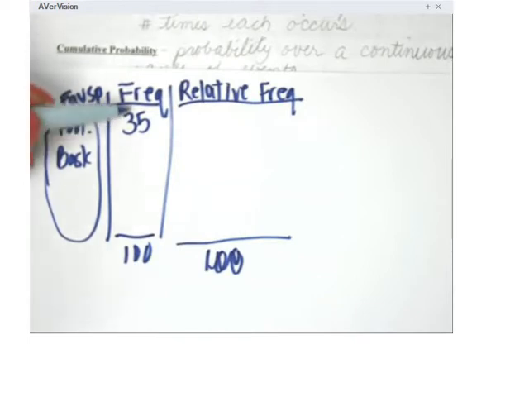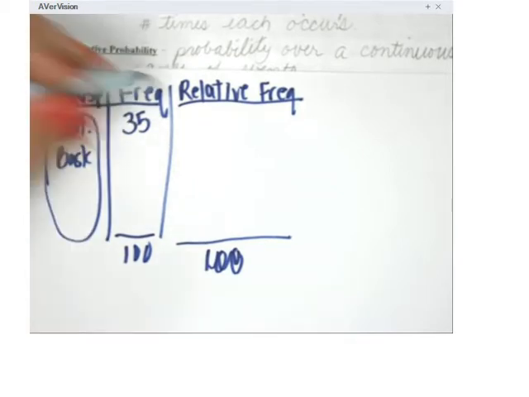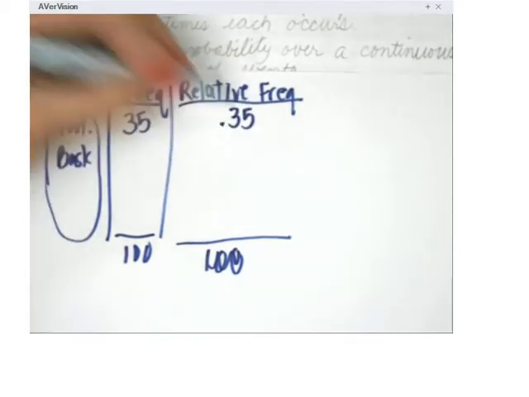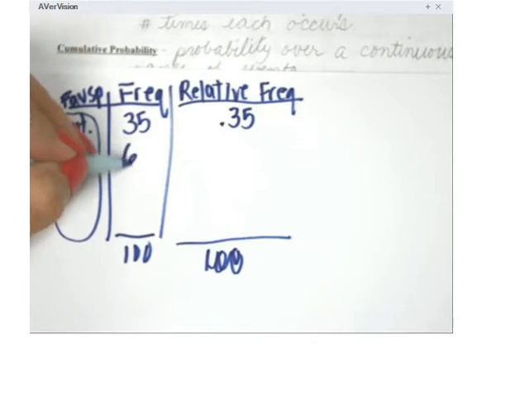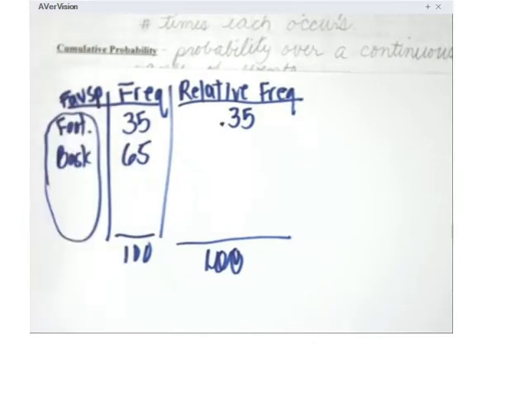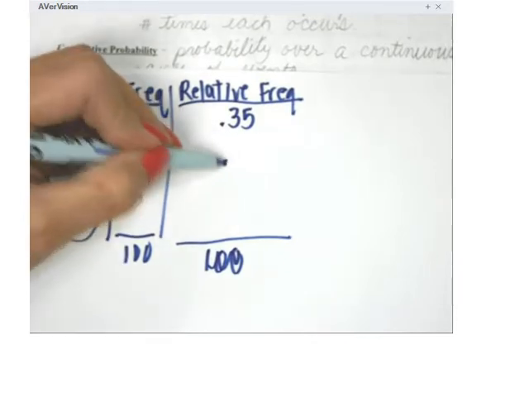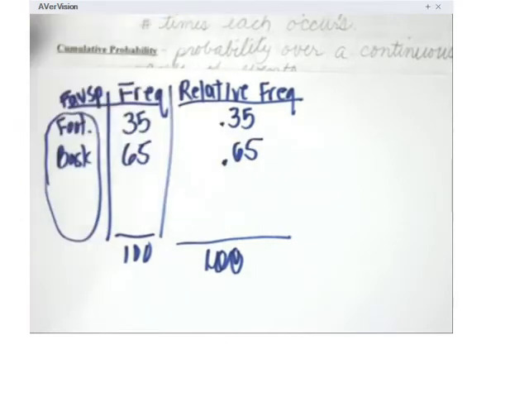Well, then the frequency would be 35. The relative frequency would be 35 out of how many people were asked. So in this case, it would be 0.35. And let's say basketball, let's say there were only two favorite sports. Let's say basketball, we had 65 of the 100 people liked basketball. Then we would have the relative frequency of 0.65.